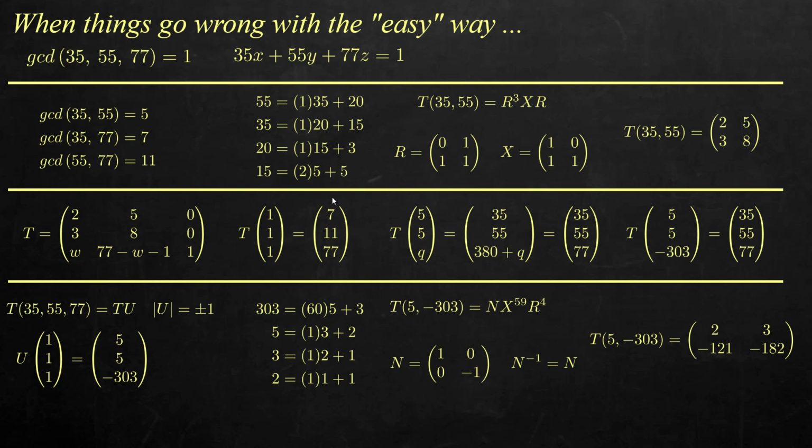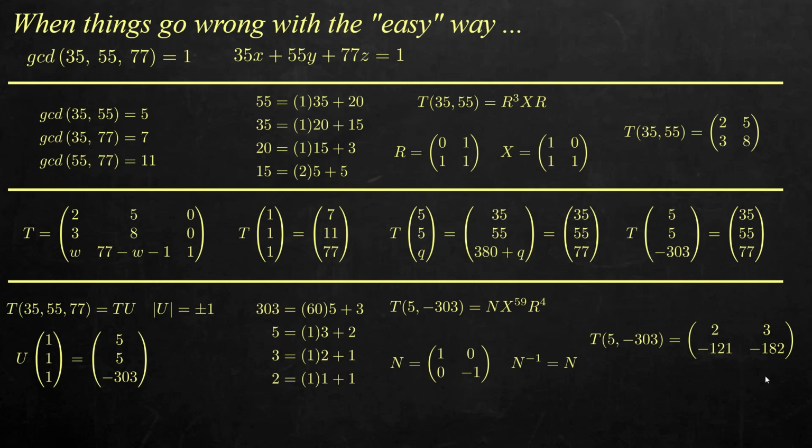Just note that here, since we are looking for the matrix of (5, 5, minus 303), we can use a matrix N to negate the second element. And this will not disturb the matrix, since N is a special kind of matrix whose inverse is equal to itself.